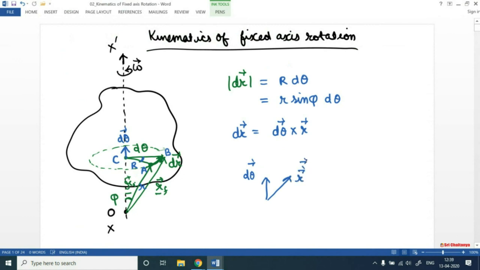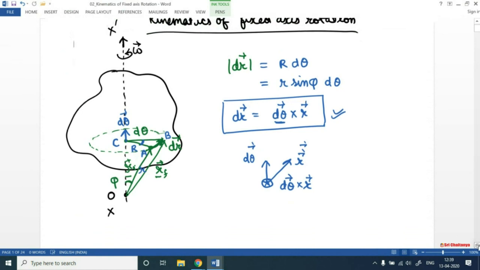So using right hand rule over here, d theta cross r would be in inward direction. So we are able to look at this direction over here. So dr is basically along the tangential direction, and d theta is along the x dash axis, and this r is the position vector over here. So this is a very important relationship for us.